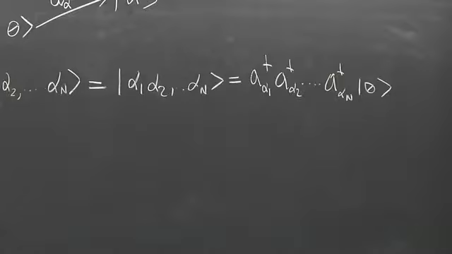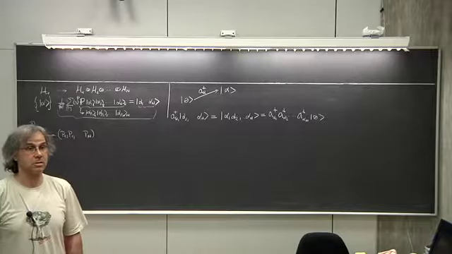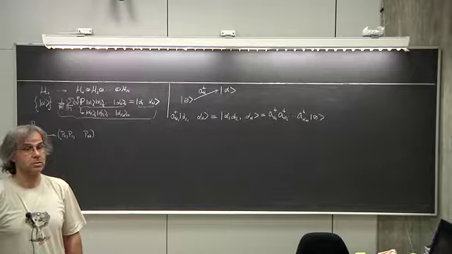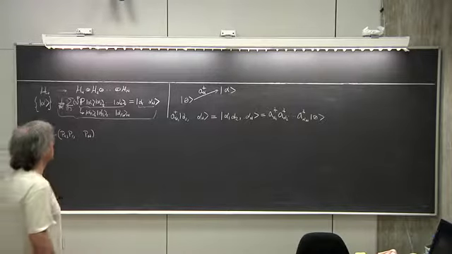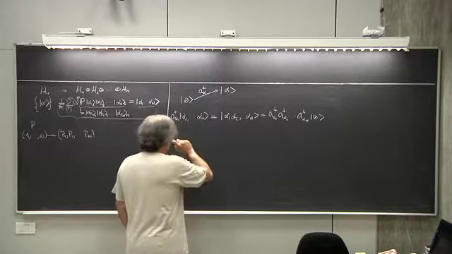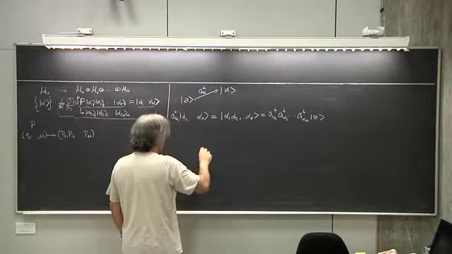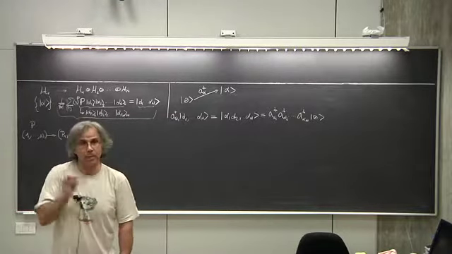Well, please. Can we apply the operator to a state which contains alpha 1? To a state which contains alpha 1, the first one? Yes, you can, but you have to be careful. For bosons, there is no problem.